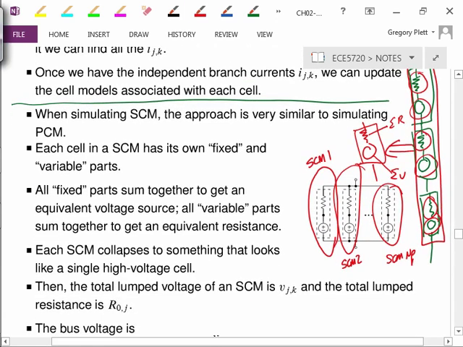So the lumped fixed voltage of an SCM we'll call VJK. So this is V1K. And the lumped resistance, we're going to call R01, and so forth. But now these are of the entire SCM, not of just one cell.